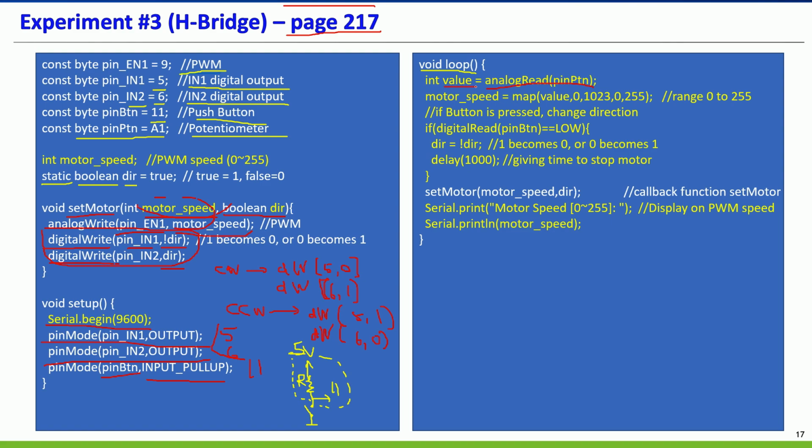Store the value in an integer variable, we call it value in here, and then use the map function to convert from 0 to 1023 to 0 to 255. That is the motor speed in this range 0 to 255. And then we detect if the button is pressed, you just change direction.